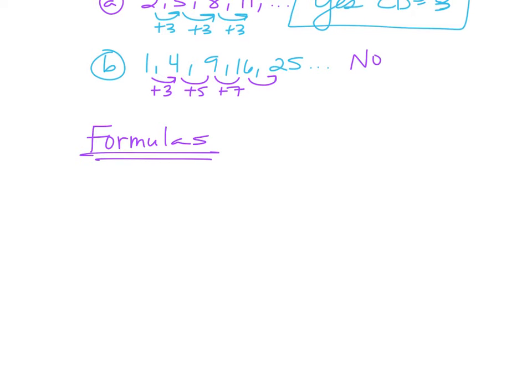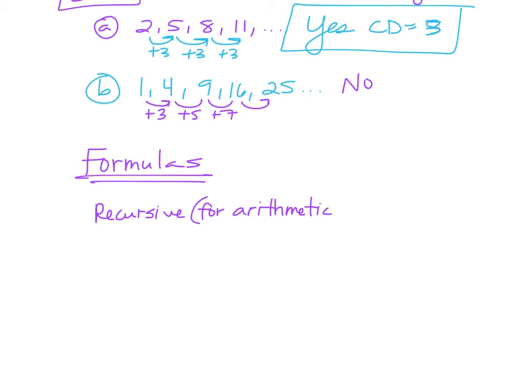So we are going to talk about a recursive formula. Now, granted, this is for arithmetic sequences, okay? You'll learn different ones for geometric sequences, okay? And we're going to do an explicit formula for arithmetic sequences. So here is the formula, okay? For recursive, the formula will be this. A of 1 equals your given value of your first term.